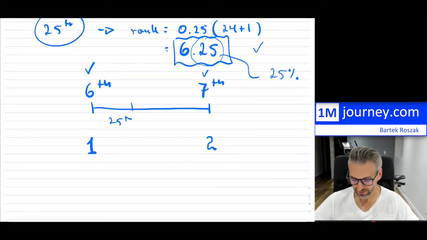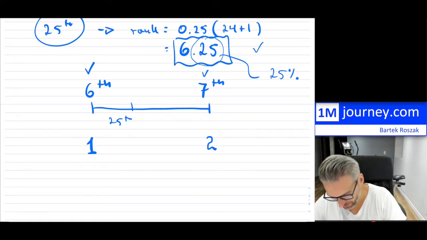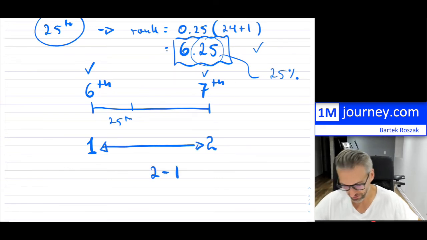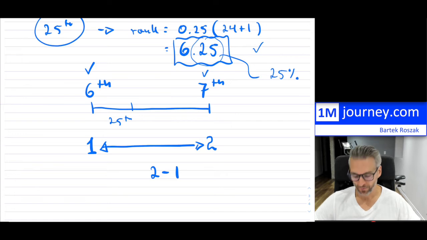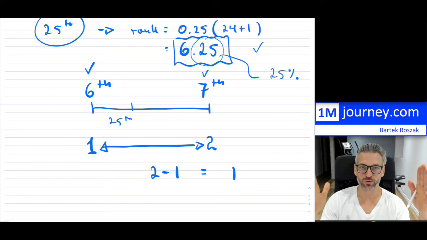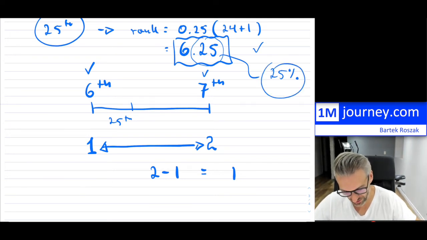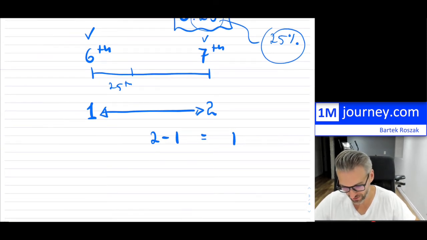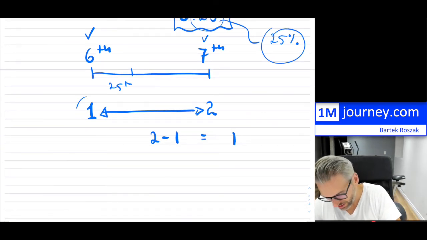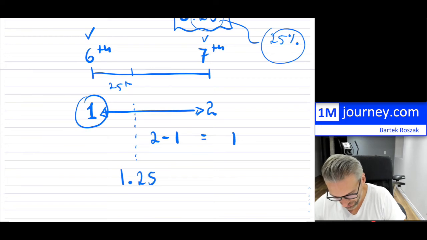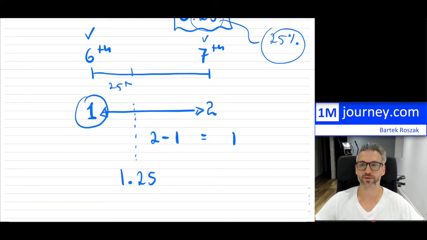In between these two, 2 minus 1 is just equal to 1. That's the distance between 1 and 2. Now if I take 25% of that, that's simply 0.25. So that means this boundary point of the 25th percentile is 1.25.